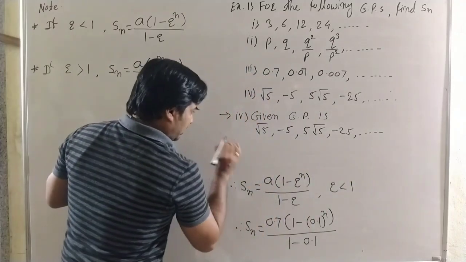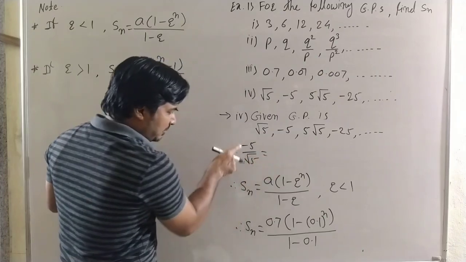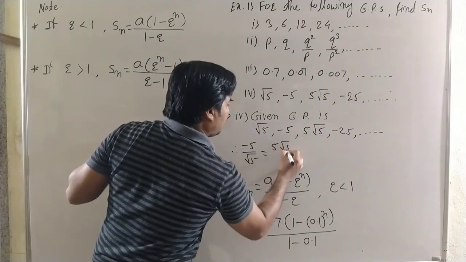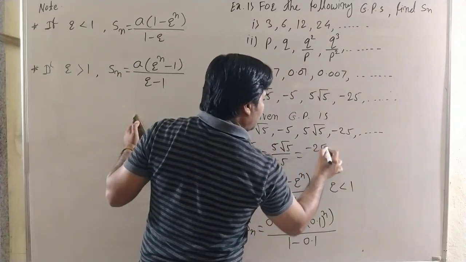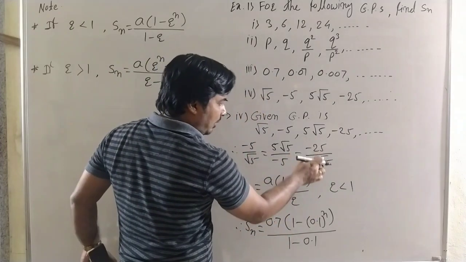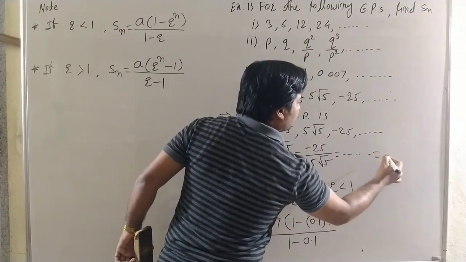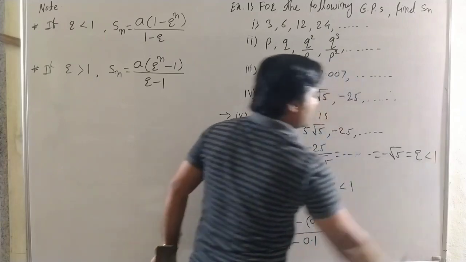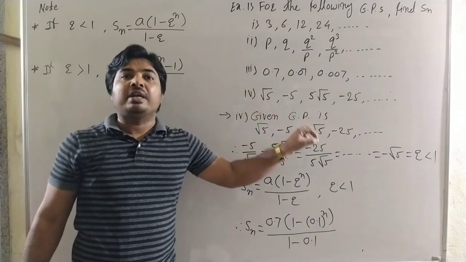Okay, therefore the ratio, see carefully: minus 5 upon under root 5 is minus under root 5, then 5 under root 5 upon minus 5, the 5 gets cancelled, it is minus under root 5, then minus 25 upon 5 under root 5, again 5 into 5 is 25, it is 5 upon under root 5, again it is under root 5, and then it is minus under root 5, which is R. See carefully, it is a geometric progression where the common ratio is minus under root 5.